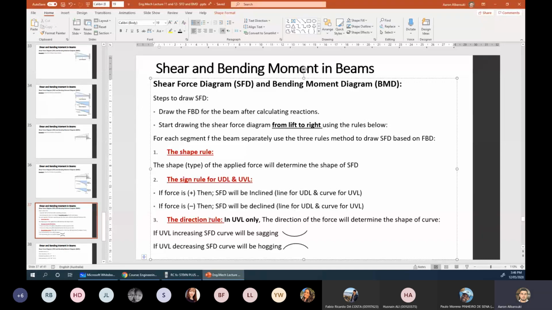The third thing you ask yourself, well, if it was a curve, I need to know, is this curve facing up or down? And that based on the shear force before it, is it increasing or decreasing? I look at the first value, the last value, that will tell me is it increasing or decreasing, and that will tell me the shape going up or down.